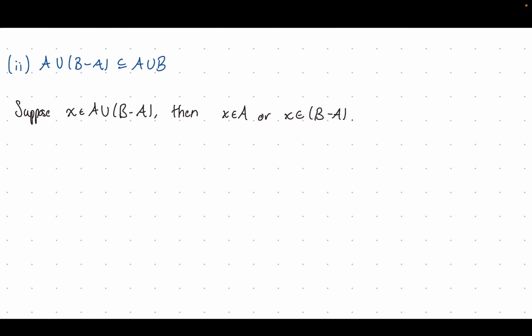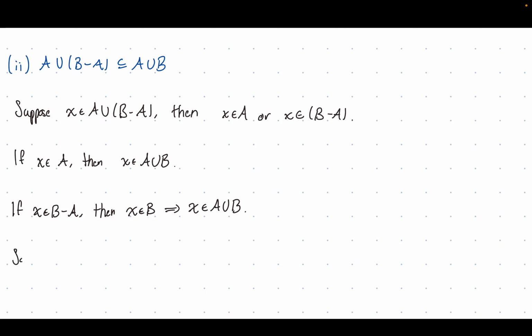And then, or both, but we only need to consider these two cases. If X is in A, then X is in A union B. And then if X is in B minus A, then X is in B, which implies that X is in A union B. And there we go.